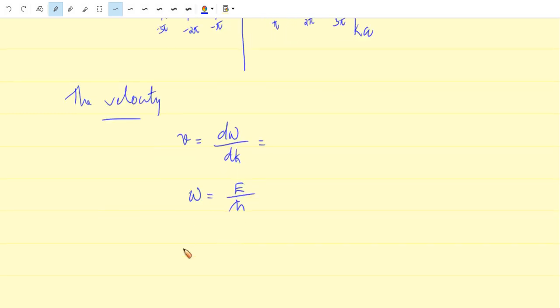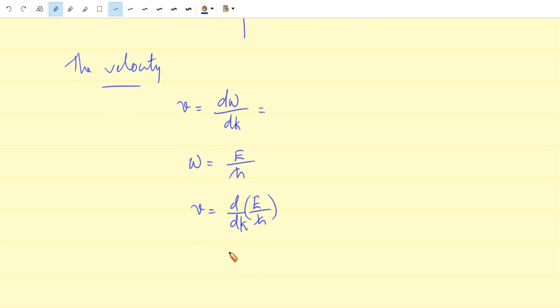Substituting this in the equation of velocity, d by dk of E by h cross is equal to 1 by h cross dE by dk. So if we differentiate the energy with respect to the wave vector, we get velocity. Velocity is equal to dE by dk divided by h cross.